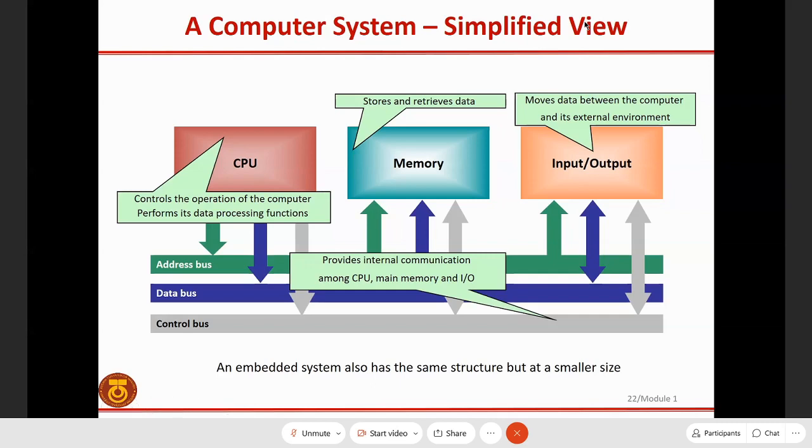So a basic computer system must have the CPU, memory, and input/output. Input/output is the one you have seen in the previous slides, right?